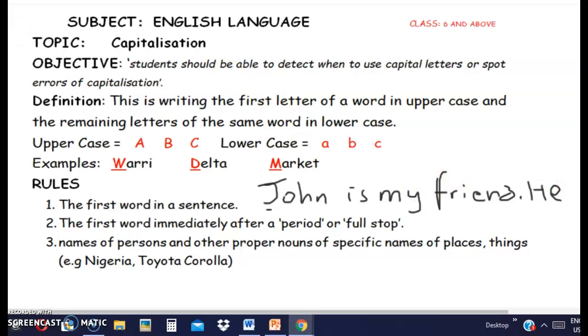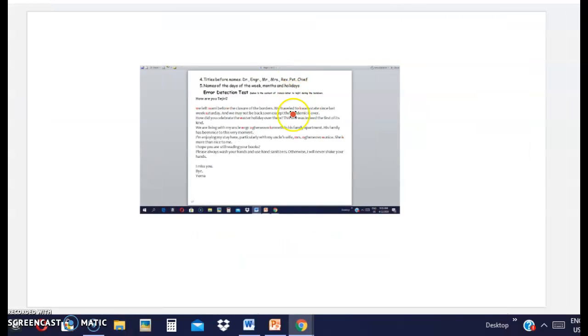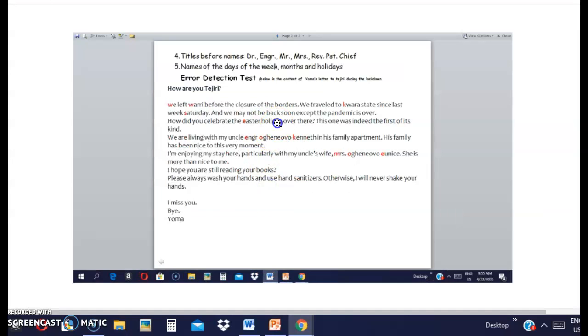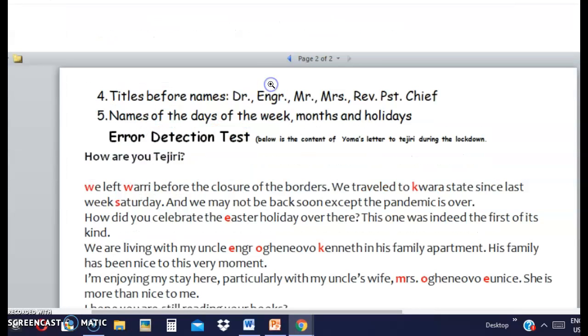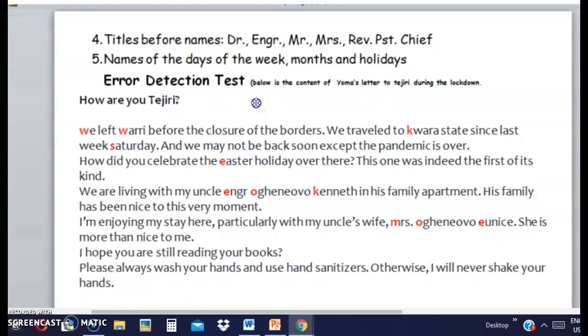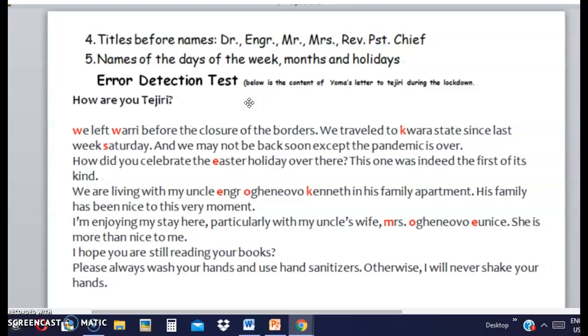Quickly, I will take you to another slide. Now let's look at the 4th rule. The 4th rule states that titles before names, like you have Doctor, Engineer, Mr., Mrs., Reverend, Pastor, Chief.